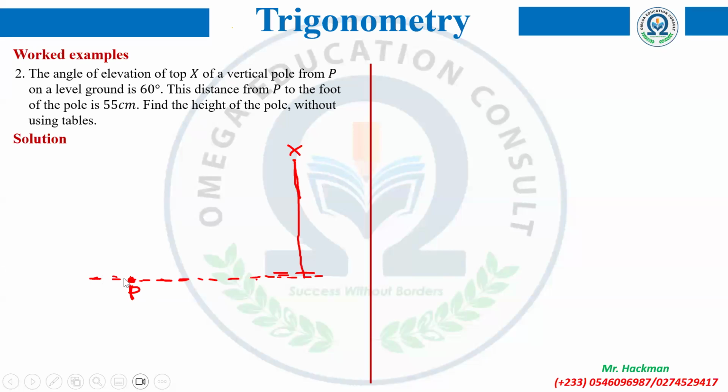So I draw my horizontal line here, and I need to turn through a certain angle diagonally to meet this. The line between P and X will be your diagonal line, and the angle here is what we are referring to as the angle of elevation. That's the angle between the horizontal and the diagonal.